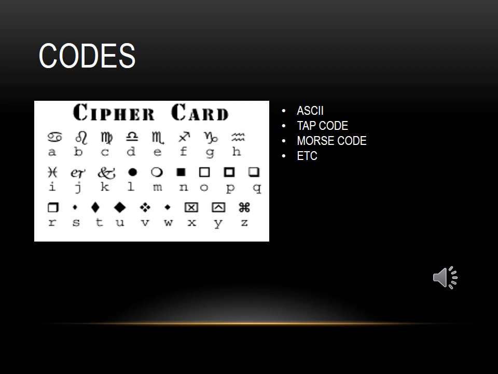Some examples of these codes are binary, ASCII, Caesar cipher, dice cipher, Morse code, etc. Most of these codes are very difficult to understand, but they do provide a very secure way of securing messages. It is very hard to understand if you don't know the code.